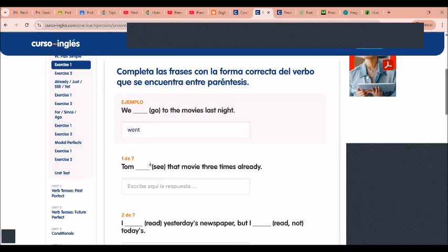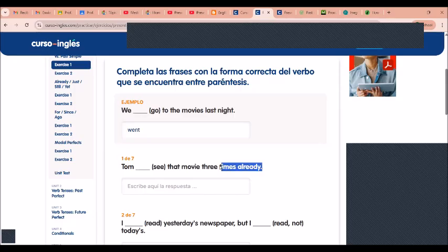Alessandra, see. Tom saw, or not. All right. We know it's Tom, and we know see is our verb. The past simple form of see is saw. However, our context here is 3 times already.